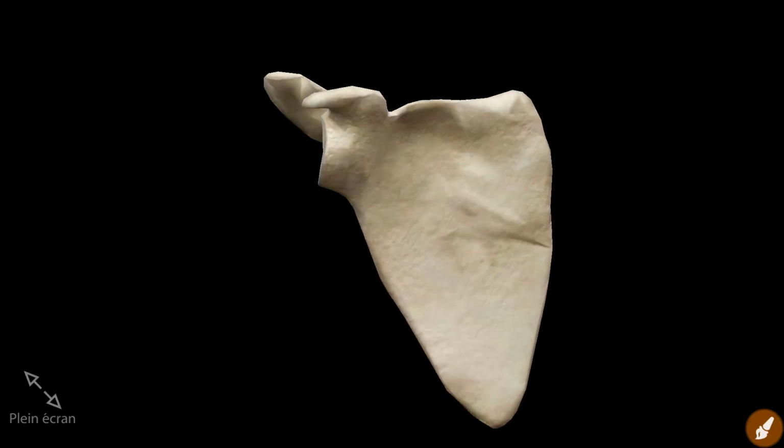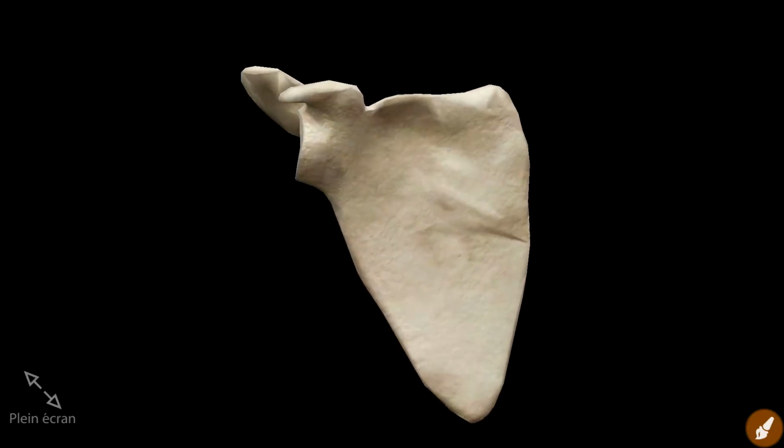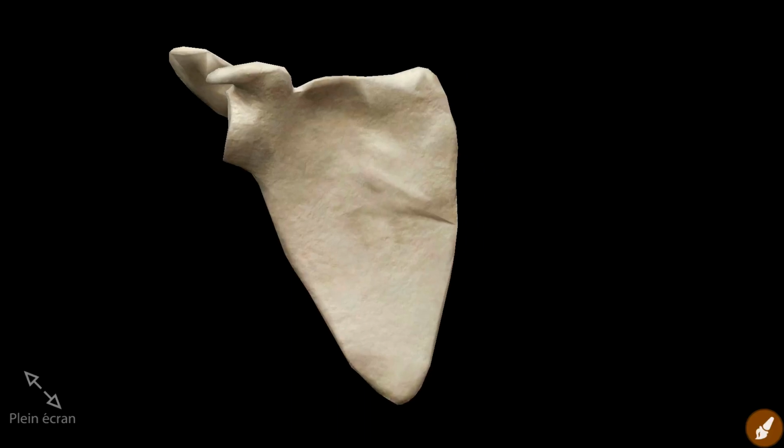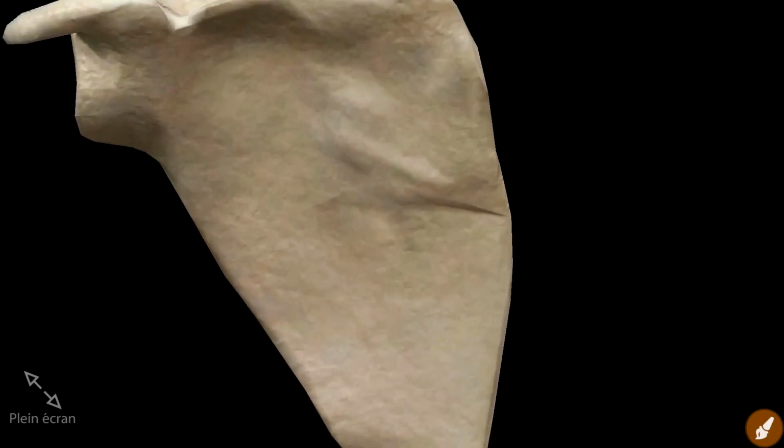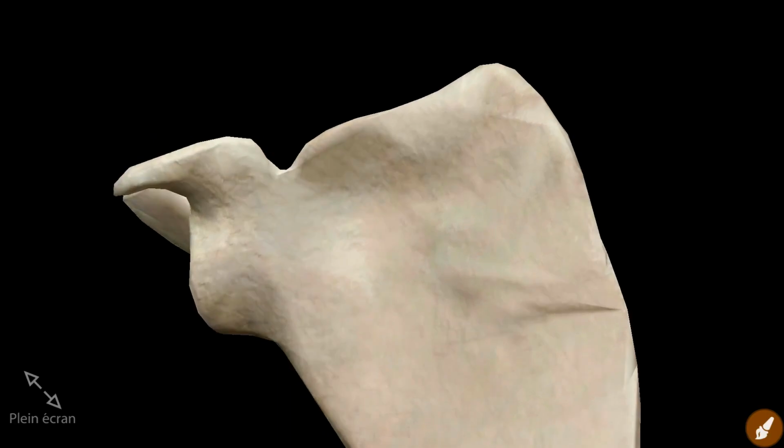Now we are going to describe the three edges of the scapula. We are going to start with the superior one, which is the shortest. The superior border is separated from the coracoid process of the scapula by this notch.